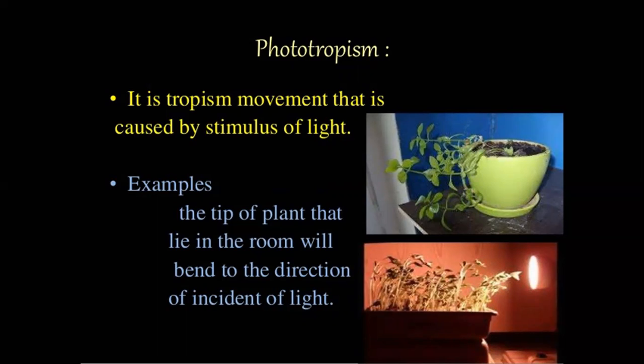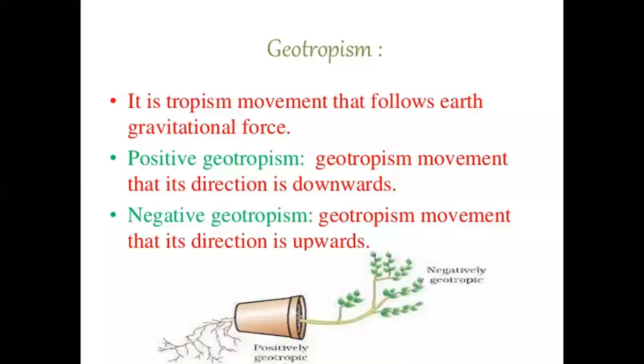Here, the leaves grow towards the incident light. And in nature, you also see the shoots or the stem grow towards the light. They show positive phototropism, while the roots, which grow away from the light, show negative phototropism.